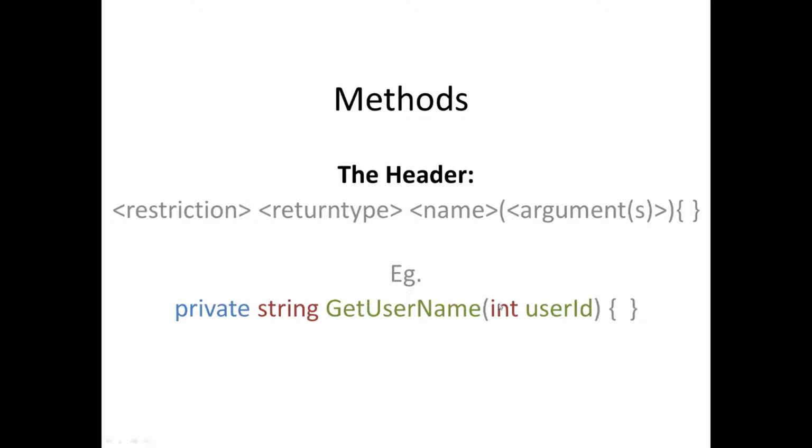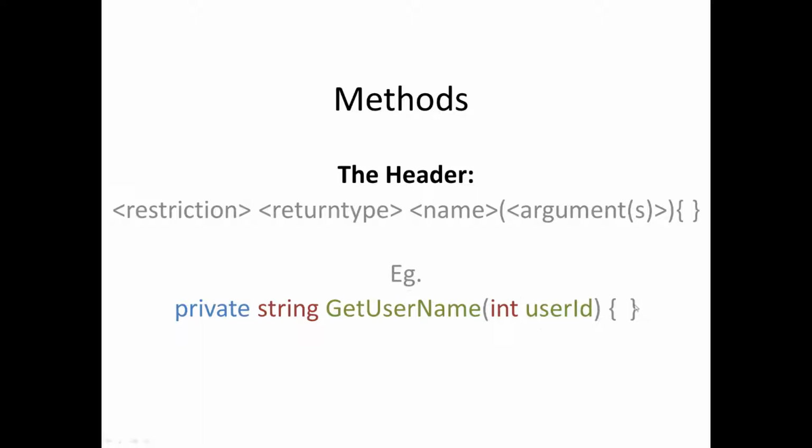And something you can give to a method is an argument. This isn't strictly necessary. You can leave it empty, but you can also choose to give this method some variables. For instance, if we want to get a username, we want to give this method a user ID.